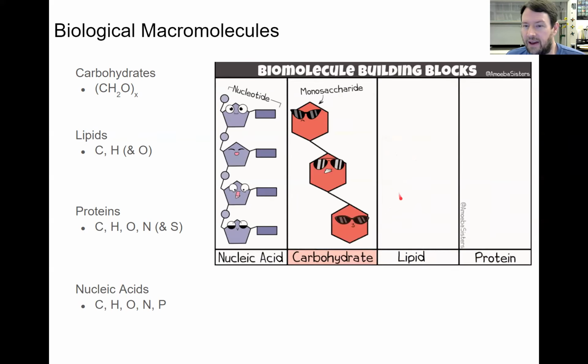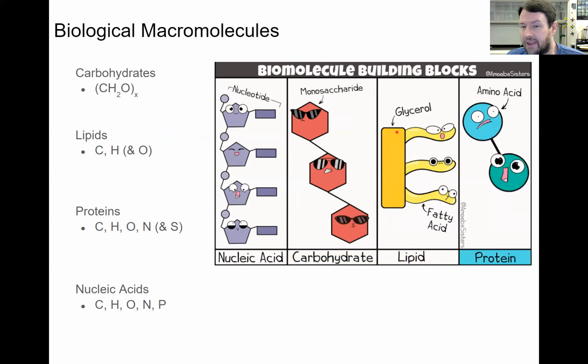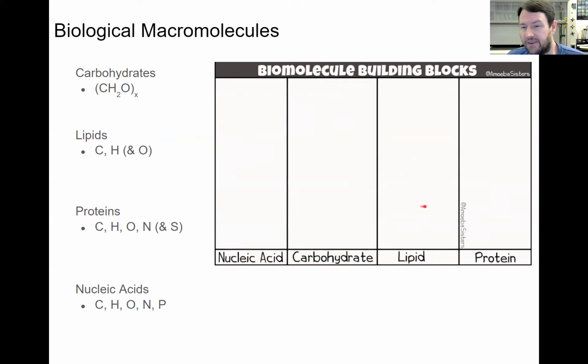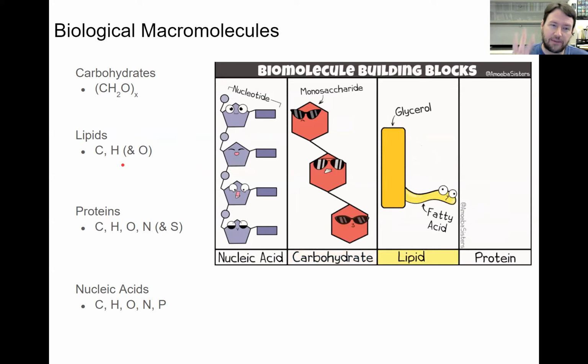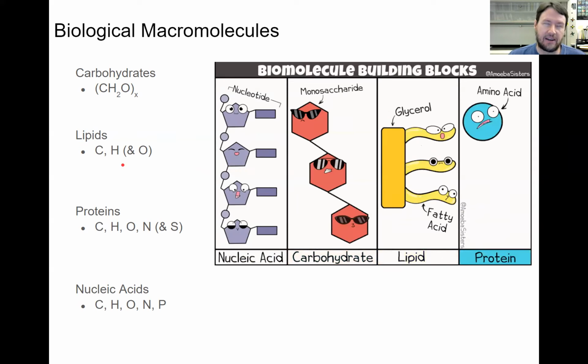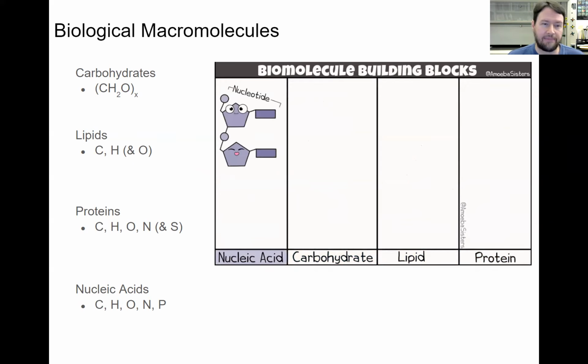And one of them, we've got to wait for the diagram, one of them is a glycerol. And it's got 3 attachment points for fatty acids. So 1 glycerol plus 3 fatty acids makes up a lipid.